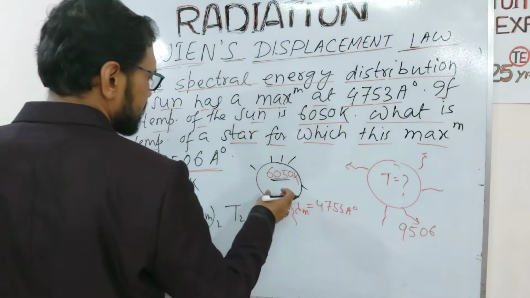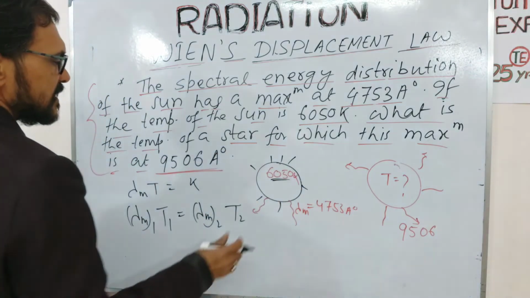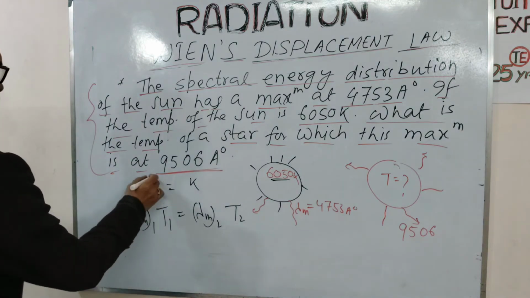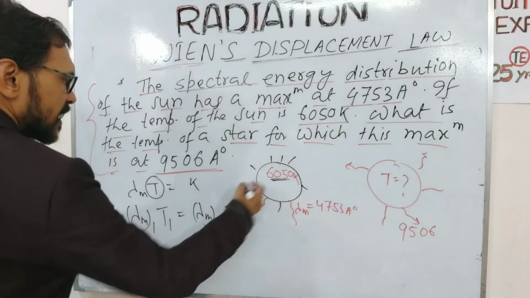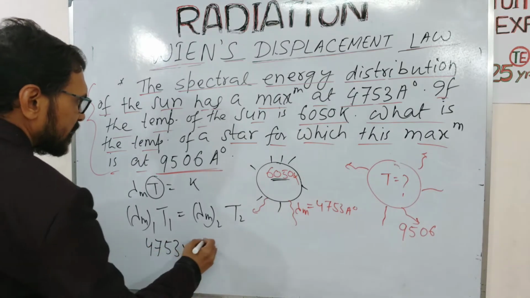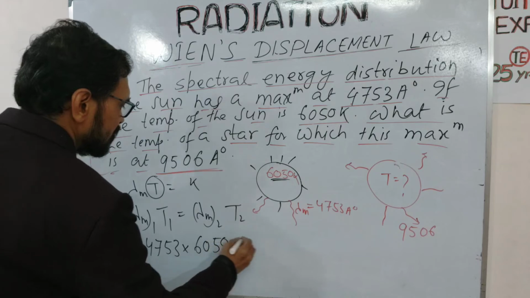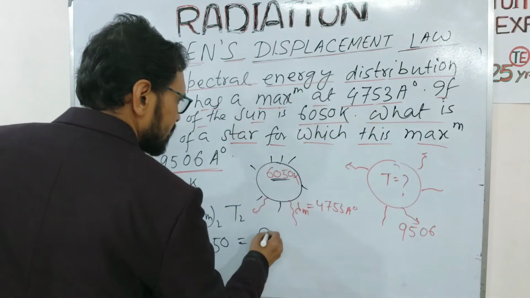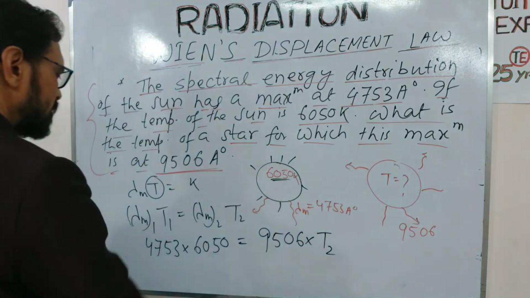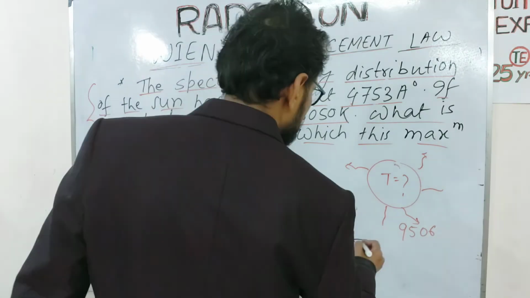If temperature is given in centigrade scale, then we have to convert it to Kelvin scale. So here we put 4753 into T1 equal to this into T2. So from this we get T2.